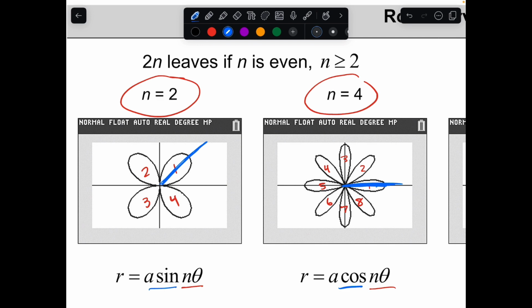The first petal is going to be at pi over 2 times n. So, in this case, when we have n is equal to 2, we have 4 leaves. My first leaf is going to be at the angle pi divided by 2 times 2. So it'll be at pi fourths, which is 45 degrees, which is what we have right here. Now, in the case of both sine and cosine, the length of our petals is going to be equal to a.